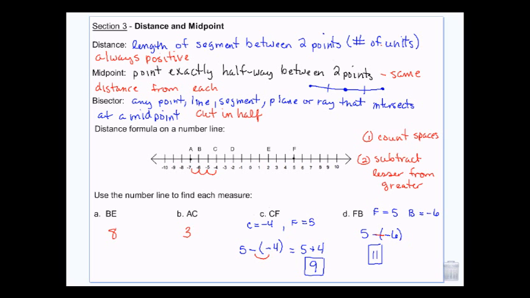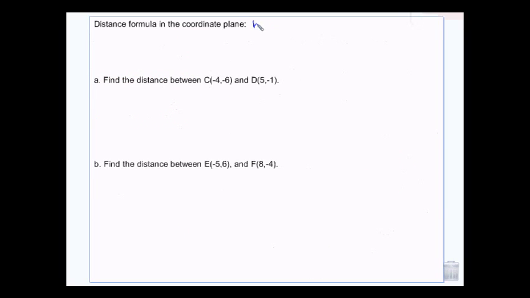So now we have both x and y values, instead of just a number line, so there's a distance formula.